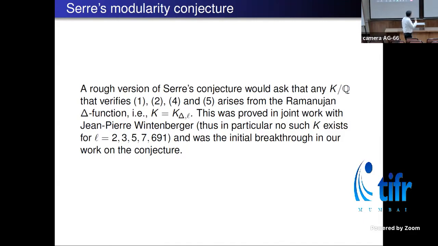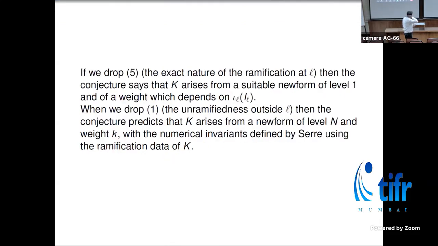Right? So this was in some sense the first case we proved in roughly 2004 in work with Jean-Pierre Wintenberger. So I'll come back to this. If we drop 5, if we don't really try to specify what the ramification at L is doing, then the rough conjecture would say that any such extension comes from some newform of level 1 without knowing the weight.